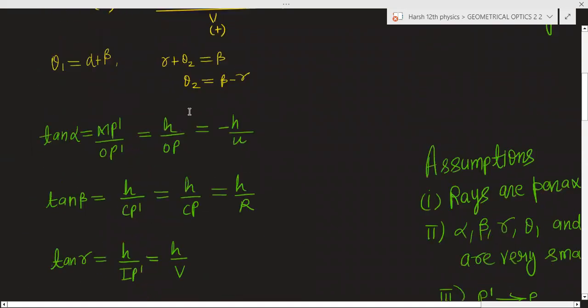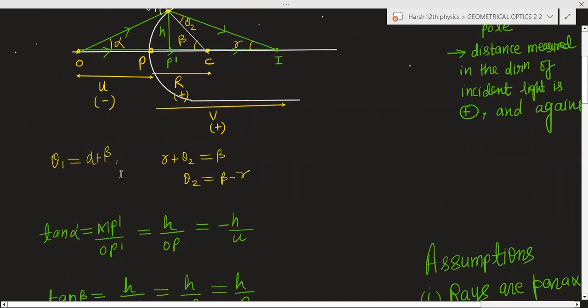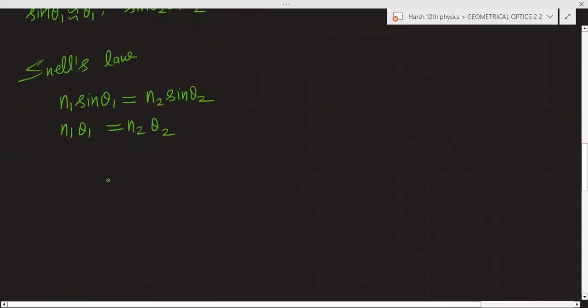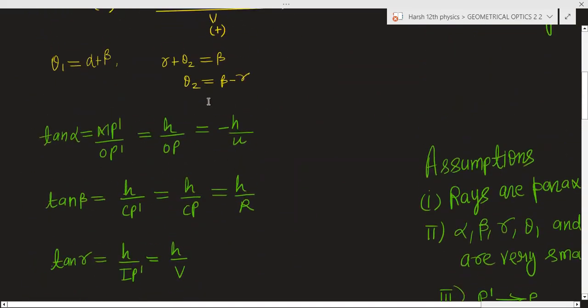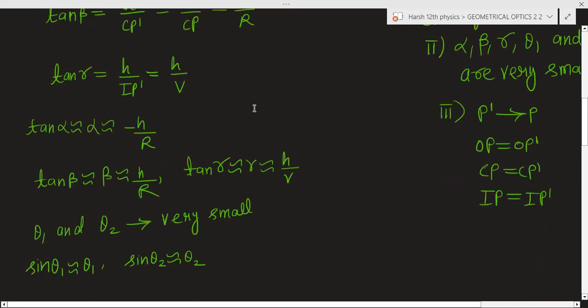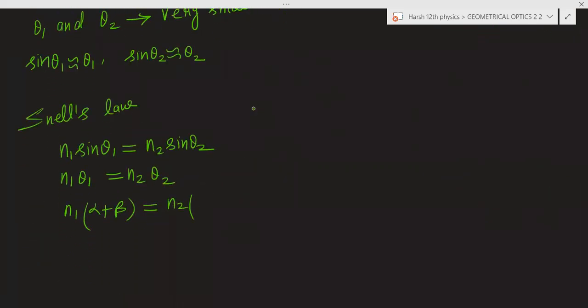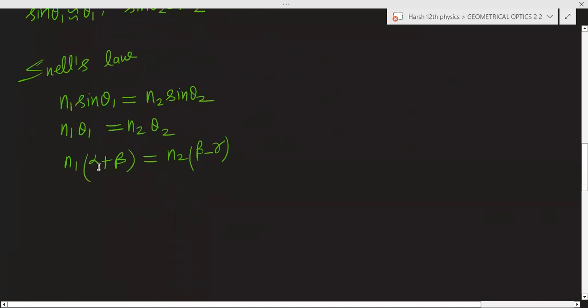Now see the value of theta 1, alpha plus beta. So it is n1 into alpha plus beta is equal to n2, and put the value of theta 2, which is beta minus gamma. Now what is alpha?